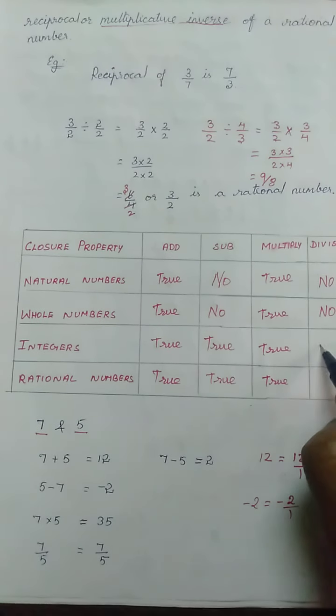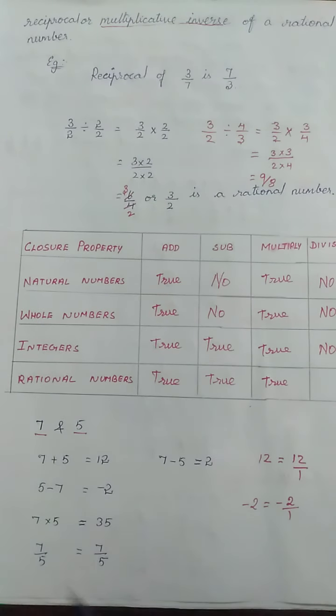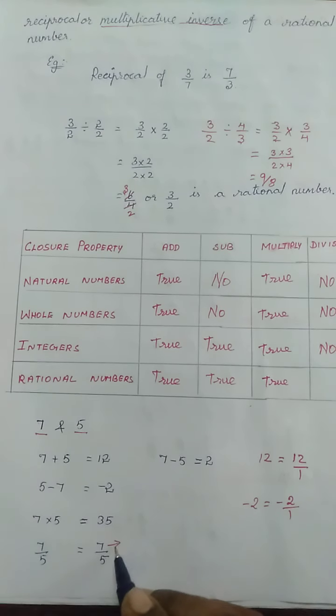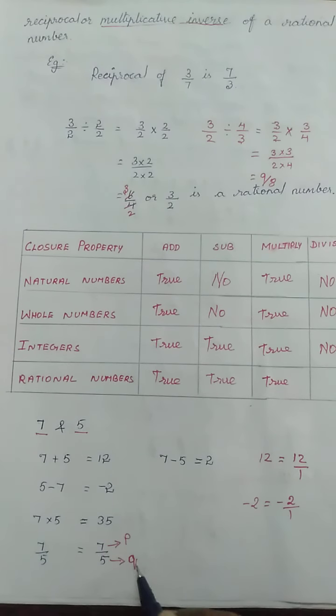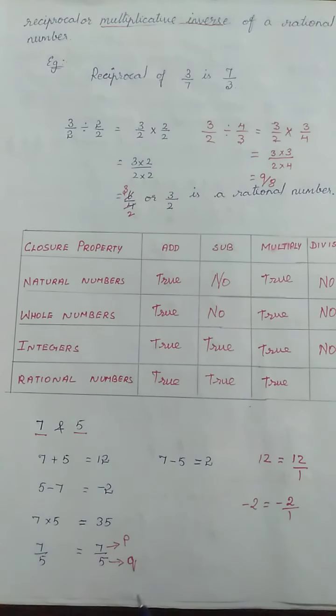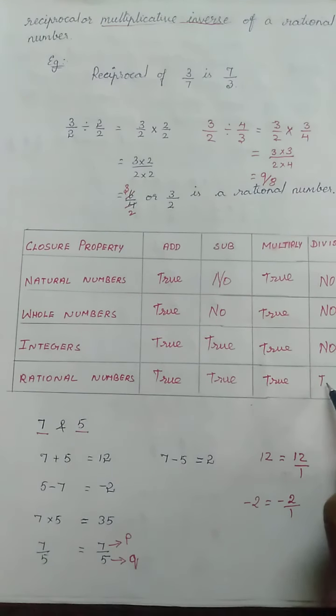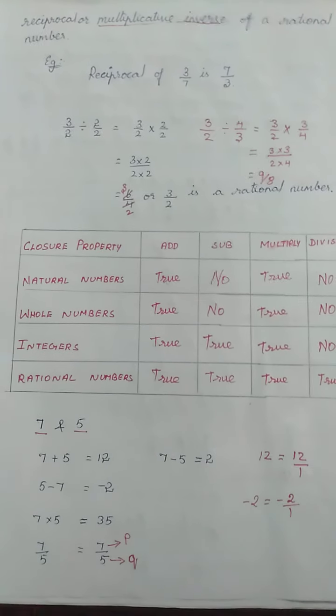Again, it's not an integer. Is 7 by 5 a rational number? Yes, it's a rational number where 7 can be considered as P and 5 can be considered as Q, where Q is not equal to 0. So 7 by 5 is a rational number. So when we divide any two rational numbers, the resulting number is a rational number.